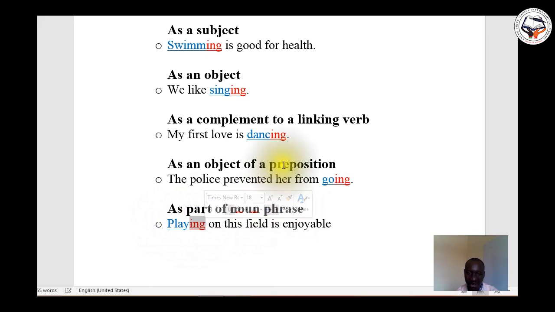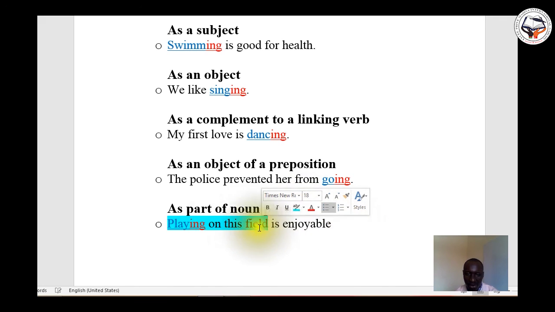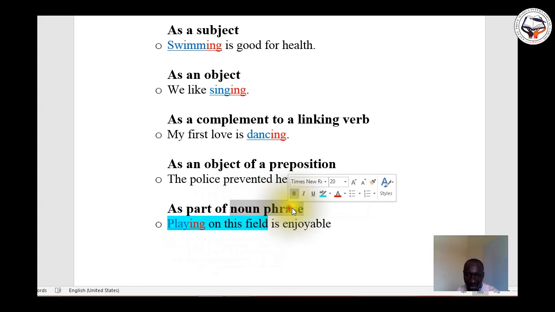Playing on this field is a noun phrase. Playing on this field is enjoyable.